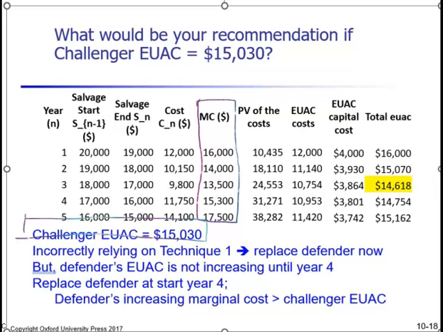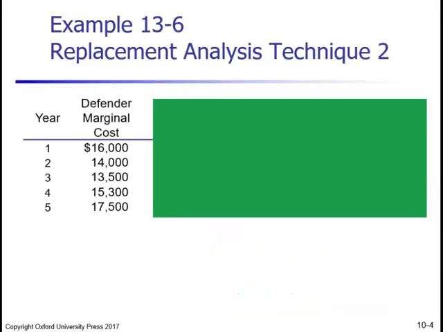And here you are going to notice how rich that marginal cost data is. It is the new shape of the example 13-6, and it is asking you to do replacement analysis with technique 2 while you just have these two columns here. The column for year and the column for defender marginal cost.